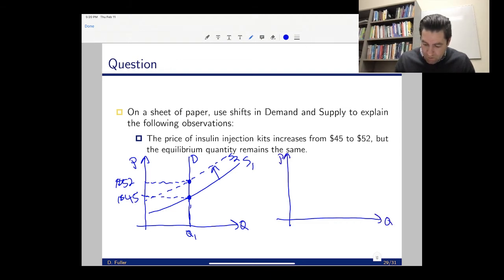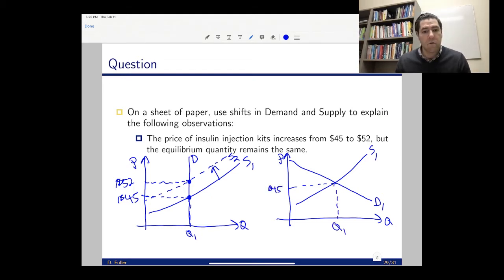Well, we could have kind of a standard demand and supply curve. The price starts at 45. Quantity is Q1. I know that the price went up, but the quantity stayed the same. Well, all I have to do is draw a new equilibrium that goes through those points.